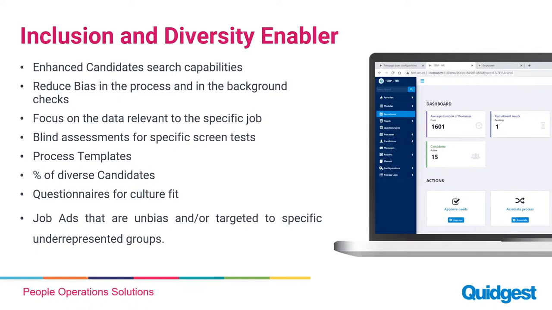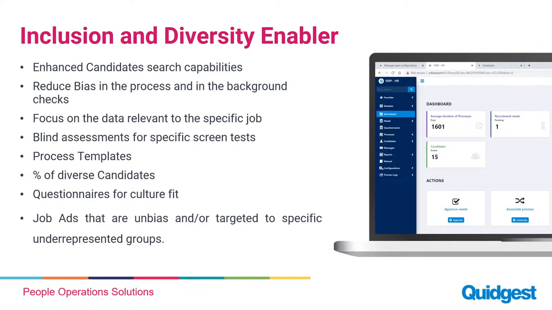The process templates ensure fairness, meaning one recruiter can't apply different processes. This way we have it in a more standardized way, pre-built in the system, and you can also build in questionnaires for cultural fit or blind assessments for screening tests, focusing on data that's actually relevant to the specific job and not on any backgrounds or components of candidates that really don't represent future results.